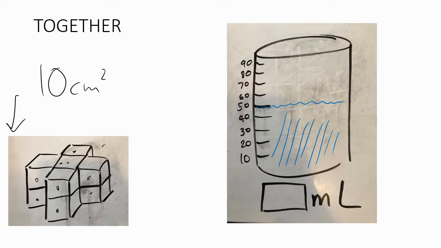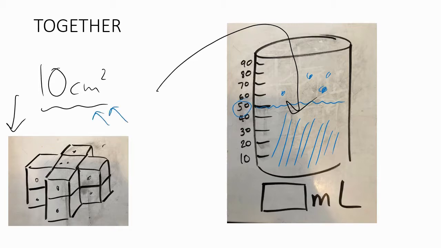Right, if we take this 10 centimetre cubed object and drop it in here, kerplunk, it's going to splash some blue splashes. What's the water level going to go up to? It's already on 50, but we've dropped 10 centimetres cubed in here. It's going to be 50, because it's already 50 millilitres, plus what? I hope you worked out it's plus 10, because it's 10 centimetres cubed.